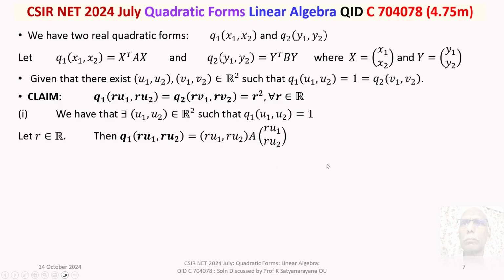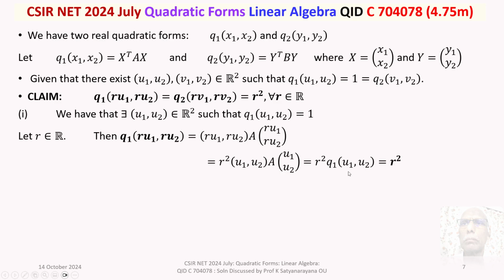When you multiply, R will come from the row vector and another R will come from the column vector. They will come out, and that is R square into the row vector U1, U2 multiplied by A into the column vector U1, U2. That is precisely R square into Q1 of U1, U2.